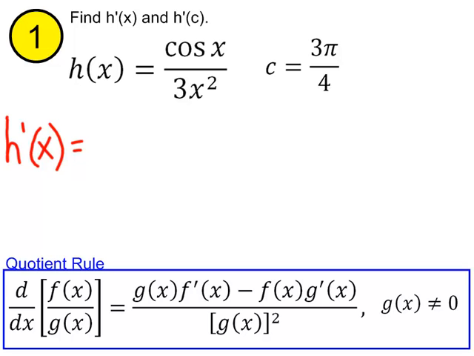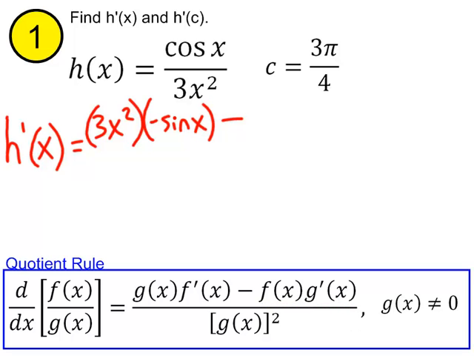So the quotient rule is telling us to take the bottom function, to take the g of x, and multiply it times the derivative of the top function, f of x. So the bottom function in this case is 3x squared times the derivative of the top function, and the derivative of this top function is going to be negative sine x, minus the top function times the derivative of the bottom.